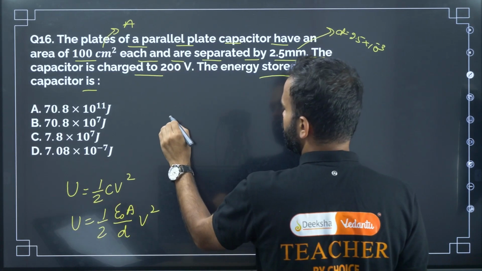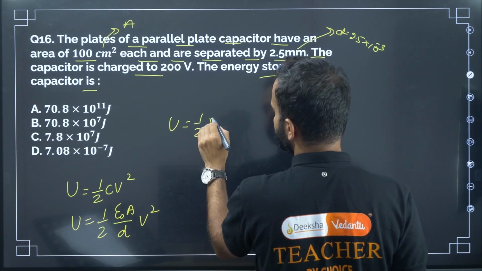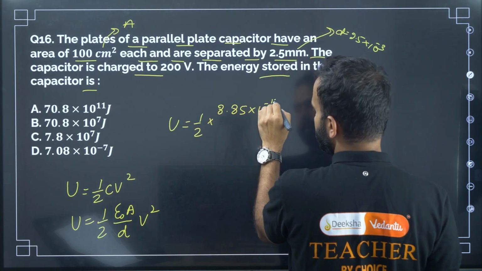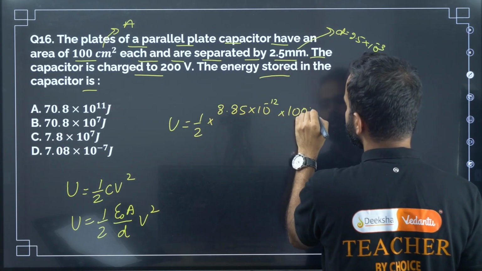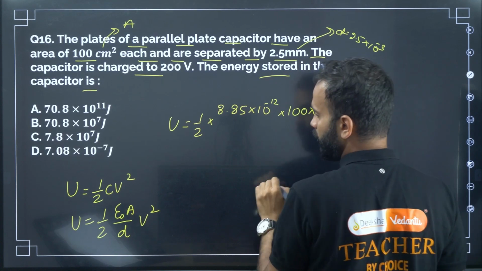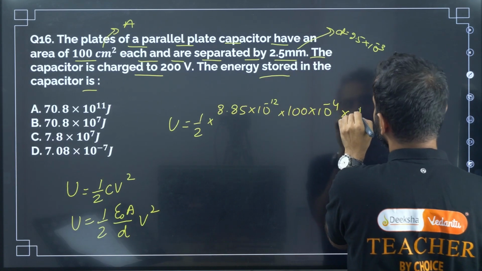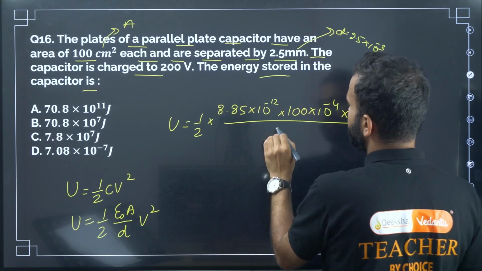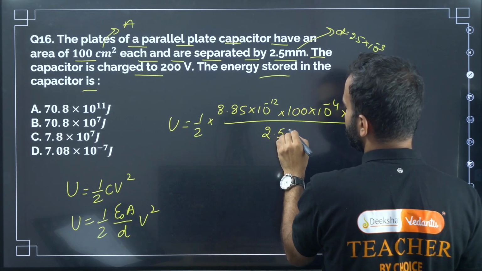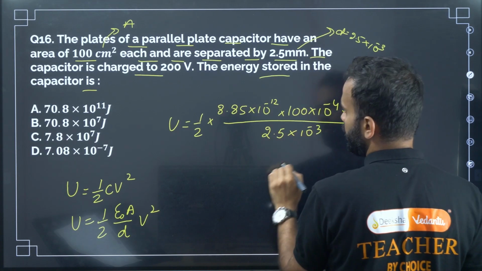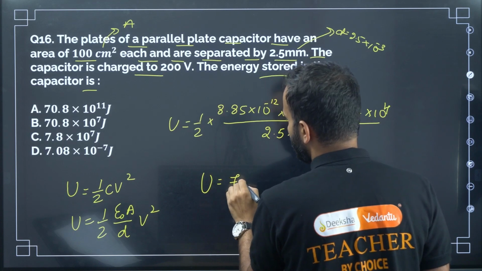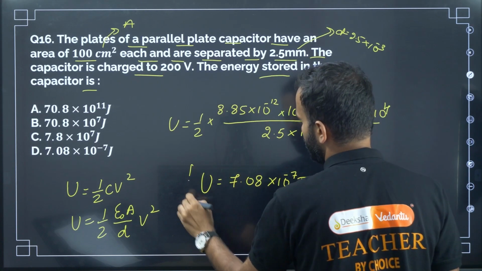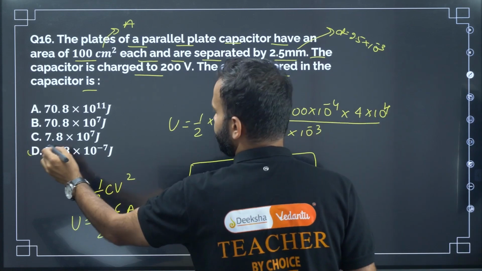So U equal to half into 8.85 into 10 to the power minus 12 into 100 into 10 to the power minus 4 into 4 into 10 to the power 4 divided by 2.5 into 10 to the power minus 3. Solve this, you will get 7.08 into 10 to the power minus 7 joule. So the correct option is D.